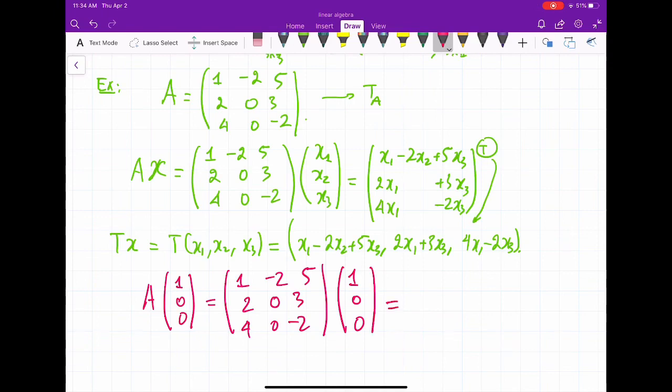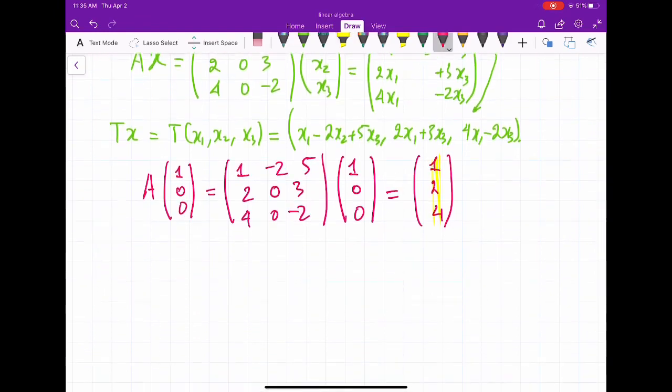So basically you just plug 1, 0, 0 into this formula, right? And you get the vector (1, 2, 4). What's that? That is the first column of A. You see that? That is the first column of A.